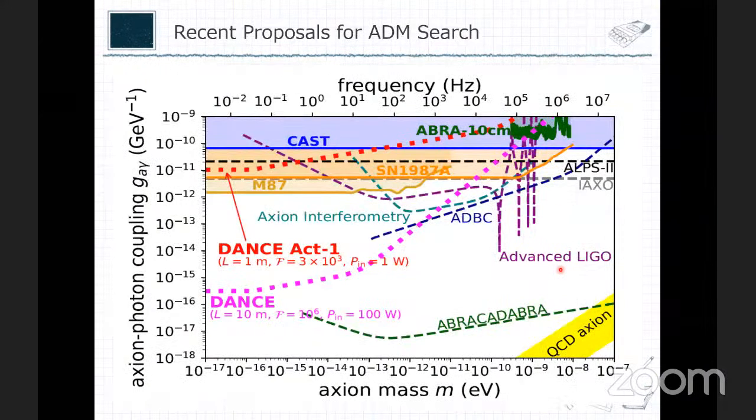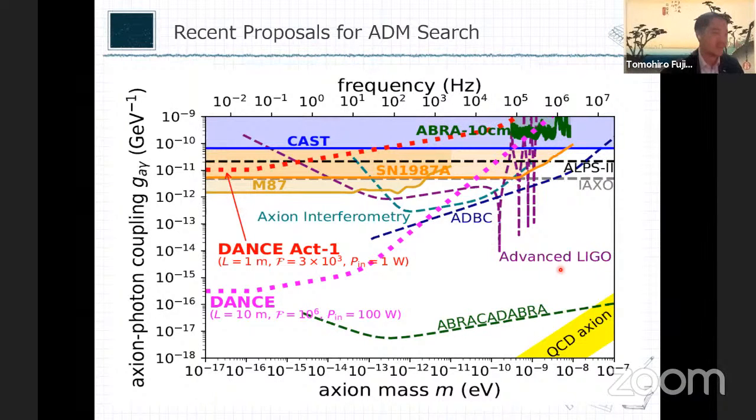Then there must be a lower bound on the sensitivity of DANCE, because you said that we have to do a Fourier transformation of the signal to reject the background. And if the axion mass is too small, then the oscillation frequency is too low. You're completely right.